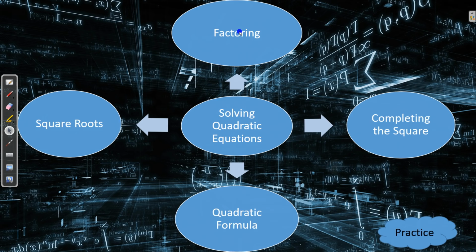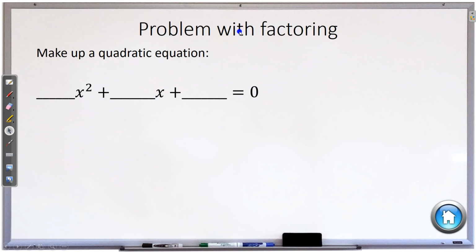There's a problem with factoring. So let's make up a problem here. If I just pick some random numbers to put in here, like 2, 5, and 6 for our quadratic equation, then I would do 2 times 6 to give me 12, and I would have to find ones that add up to be 5.